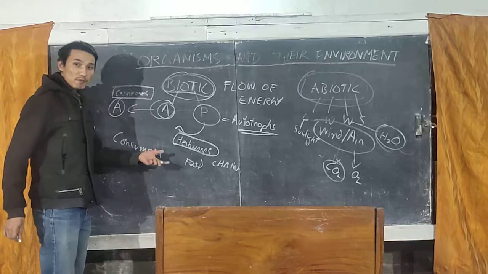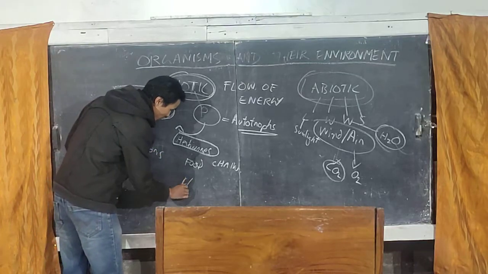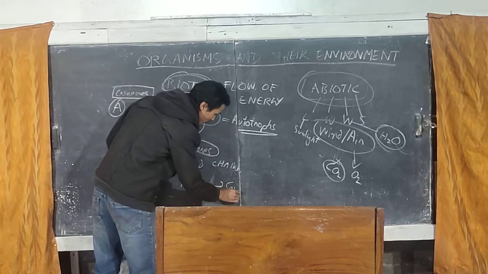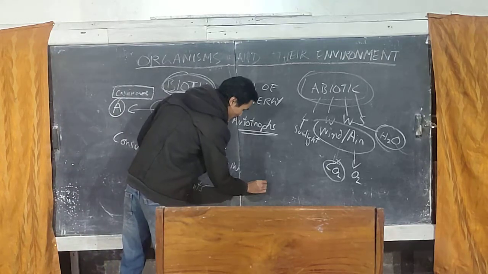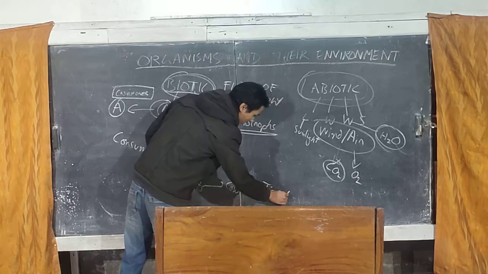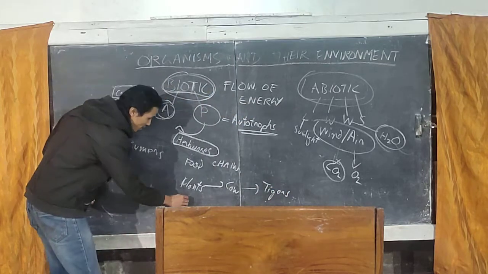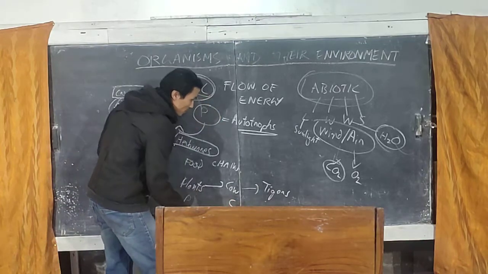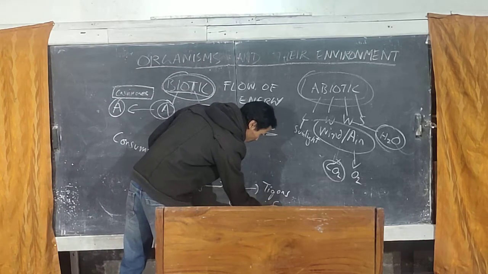This flow of energy leads to the creation of a food chain. To give a small example, plants are fed upon by cows. Cows in turn are fed upon by tigers. So the plant becomes the producer, the cow a consumer, the tiger again a consumer.